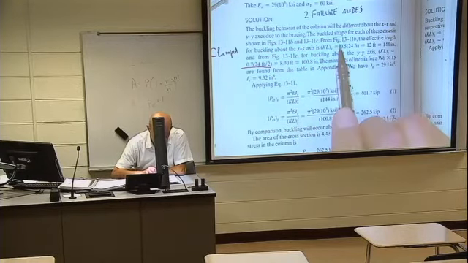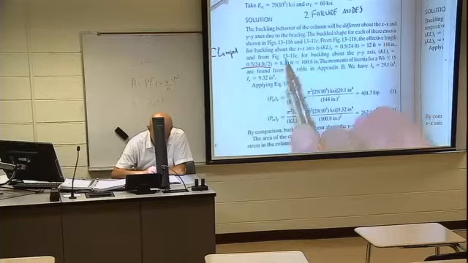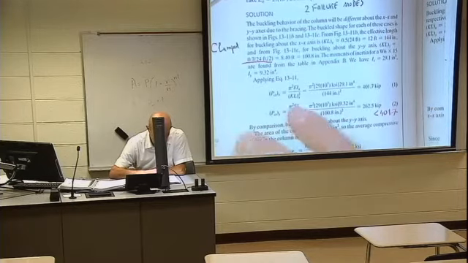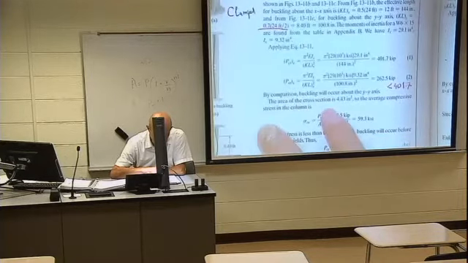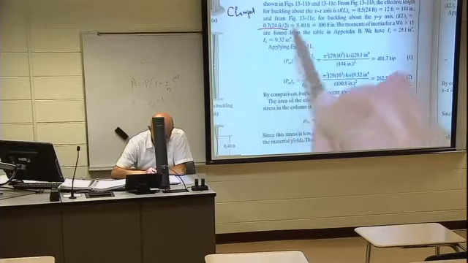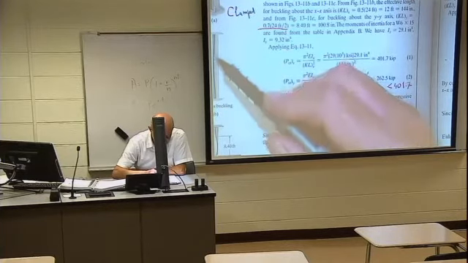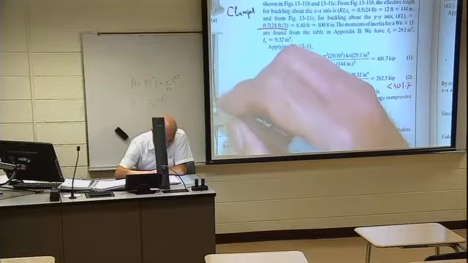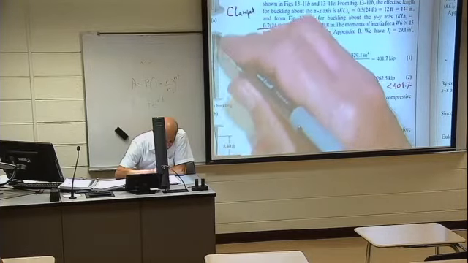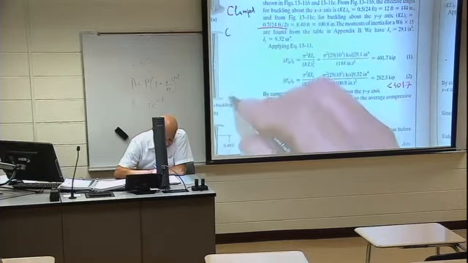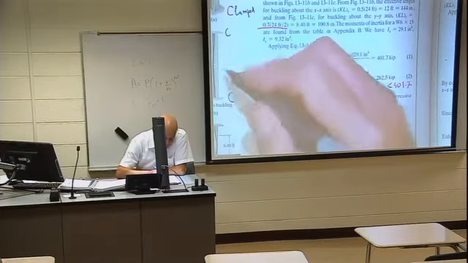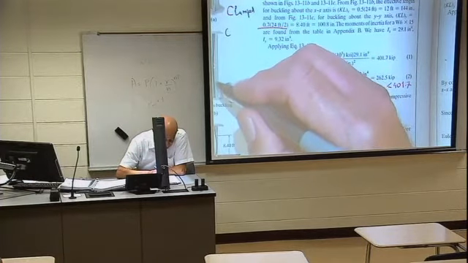The buckle shape for each of these cases is shown here. So I will show you here. That is this one. So that is the clamped case. Okay? And that means that the effective length is 12.